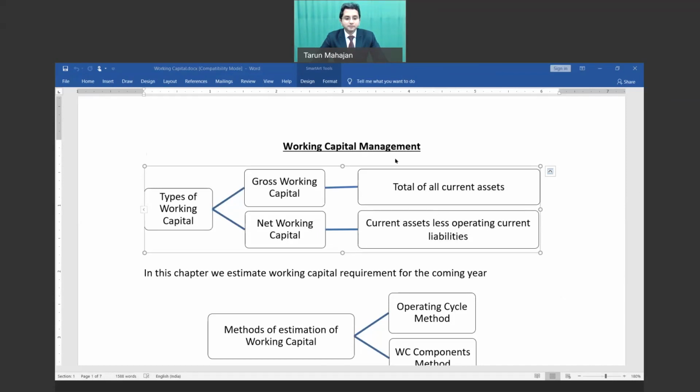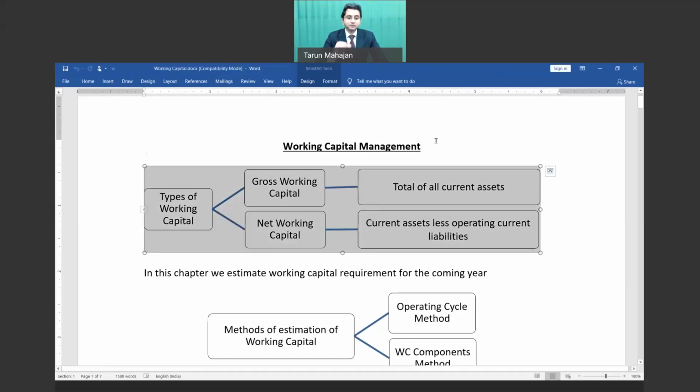No idea? Look, examples of operating current liabilities are creditors, outstanding expenses, etc. Yes, some people have answered it.